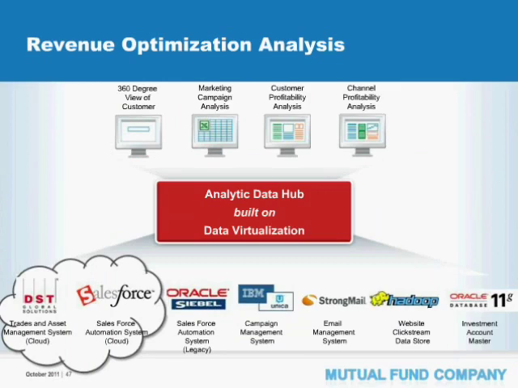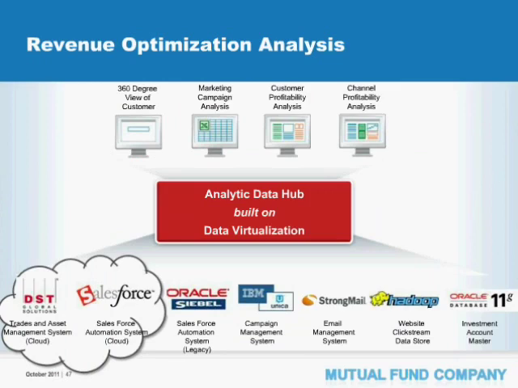And what was interesting about this is not only did they use Hadoop data as one of their sources, but they used their traditional Oracle and Siebel data, and they also used data from Salesforce.com and a couple of other cloud sources. So that was a pretty cool use case because they brought data together from all these different sources without having to actually move it and created this analytic hub.